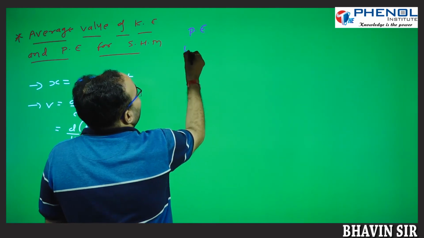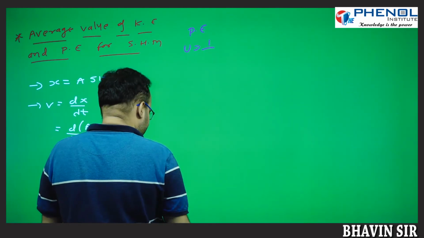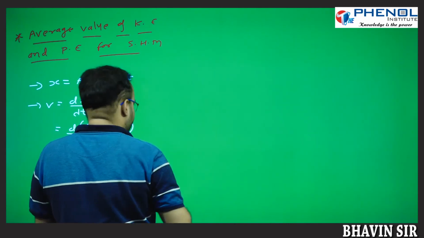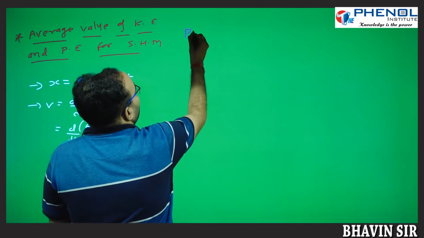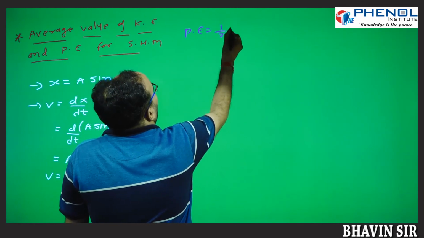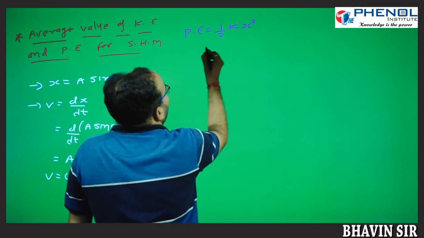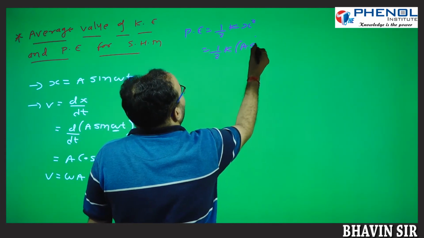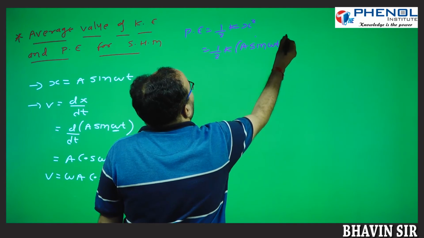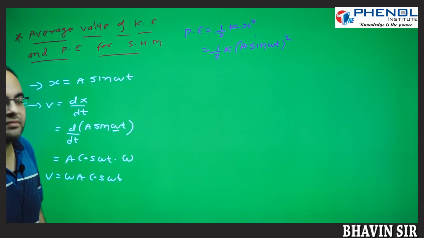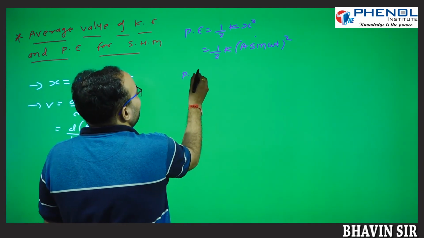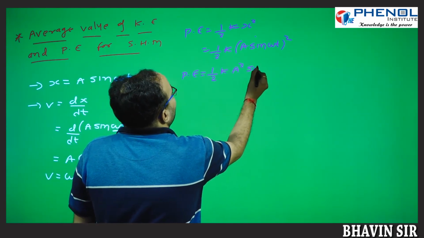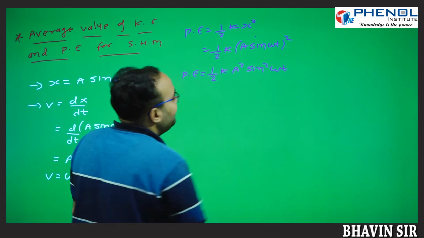Half k x square. And x is a sin omega t. So the potential energy is half k a square sin square omega t.